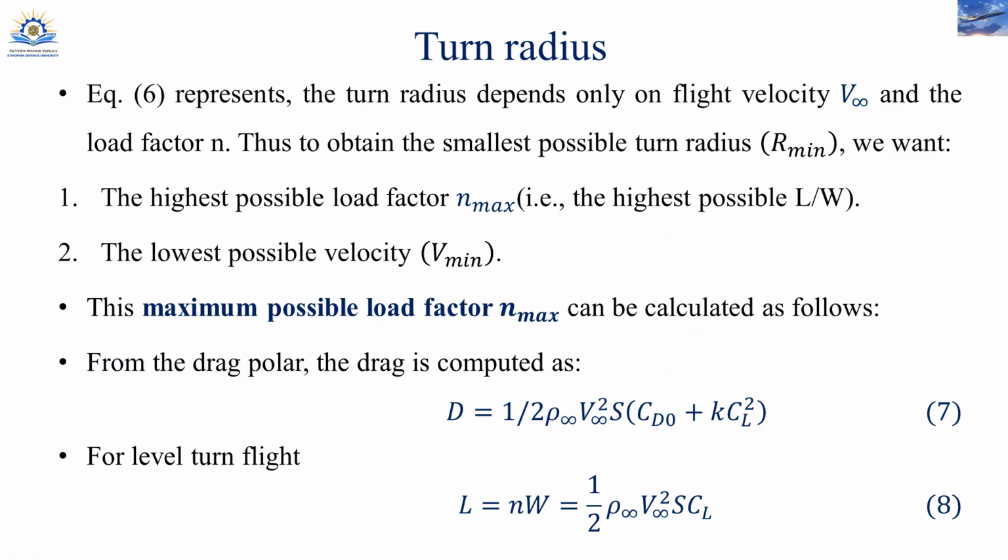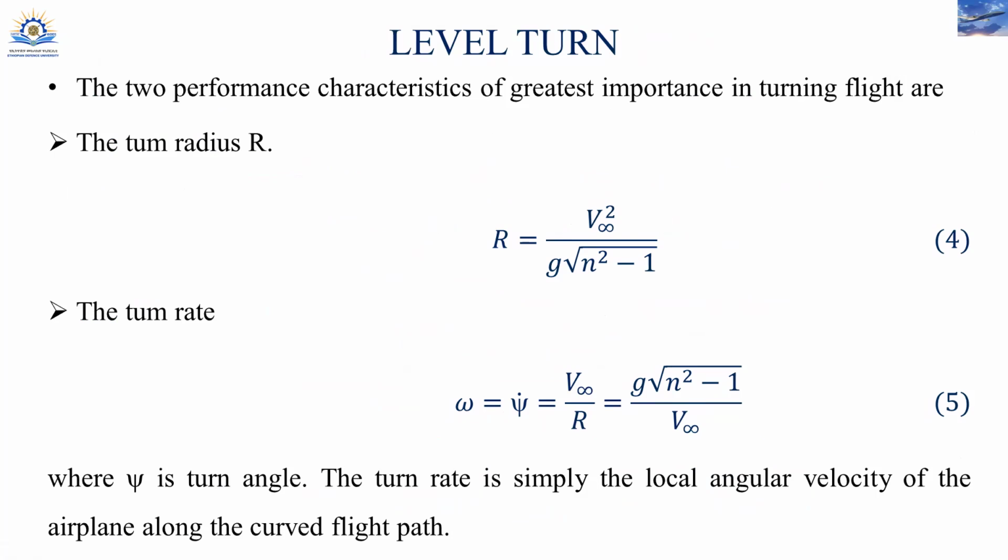Look, from the equation itself, the turn radius depends on the flight velocity. Another factor, it depends on n, the load factor. So those are the factors which can affect it.